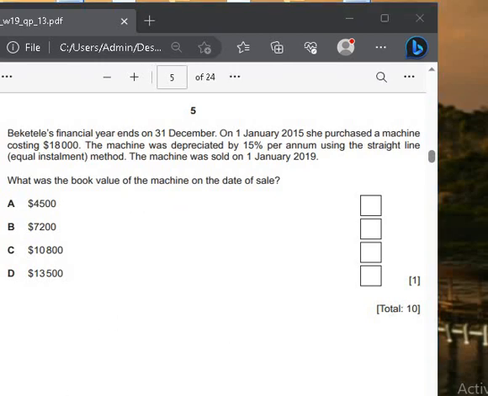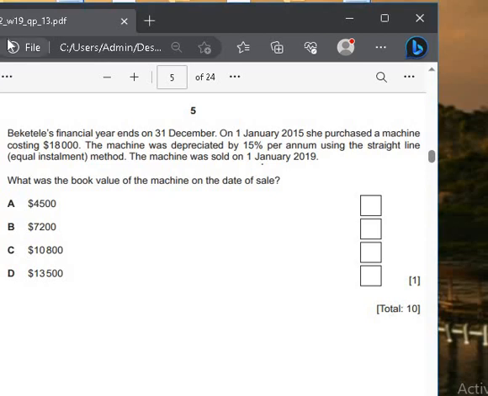If you look at the time the machine was purchased, 1st January 2015, to 1st January 2019, there are 4 years, because it's 15, 16, 17, 18. Since this is 1st January, we're not counting 2019.